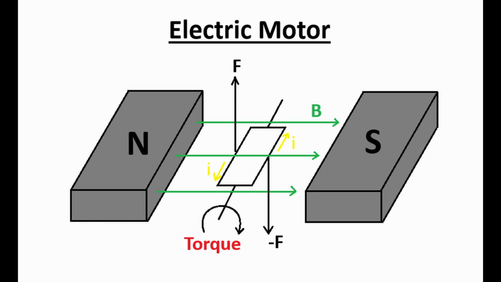Notice that there are also lengths of wire at the sides of the loop that produce forces in direct opposition to each other, which don't contribute any torque to the motor rotation. In reality, there is also a commutator on the motor, which is a component that reverses the direction of the current for each half revolution to ensure that the magnetic forces are always pointed in the proper direction to ensure that there is a steady rotation.